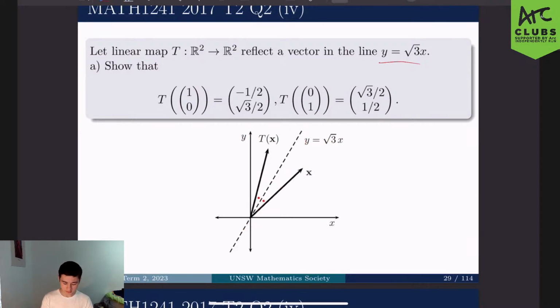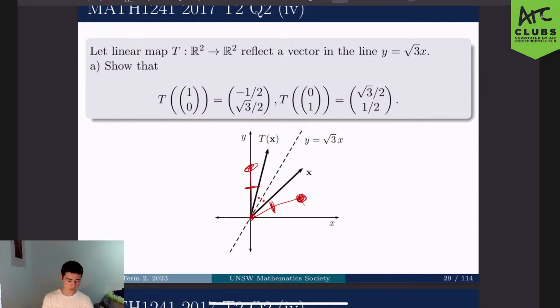One key thing here is that there is no constant on the end of this line equation which we're reflecting over. So something that remains constant in this expression is our distance from the origin. If we have some point here which we're reflecting over, its magnitude from the origin is going to remain the same.